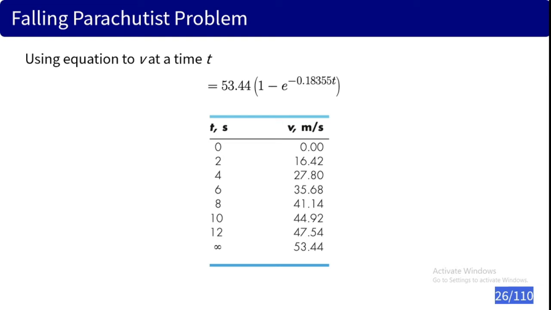So makuha na to ang value sa velocity at time from start sa jumping sa parachutist. For example, 0, 2, 4, 6 hangtod sa 12 seconds. So gamit sa kanang final equation, makuha na to ang value sa velocity.